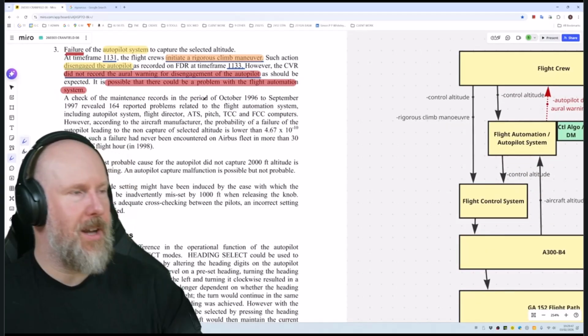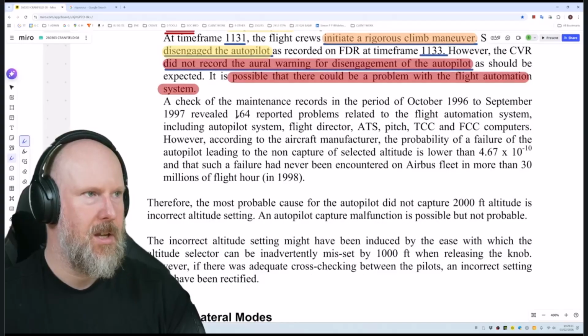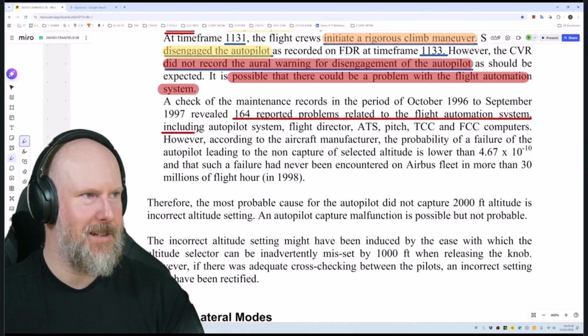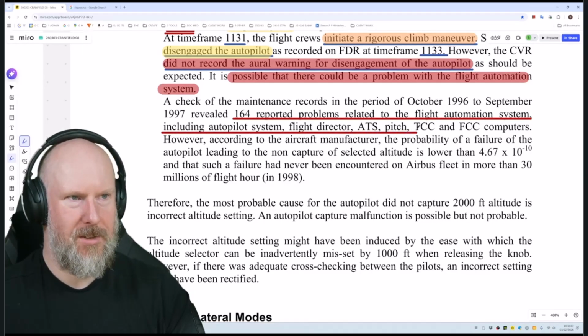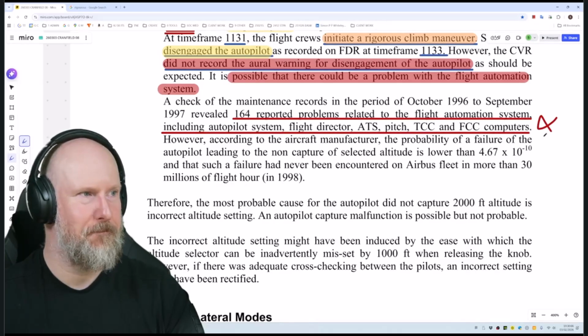A check of the maintenance records in the period October 96 to September 97 revealed 167 problem reports related to the flight automation system, including autopilot system, flight director, auto thrust, pitch, TCC and FCC computers. Okay, so that's interesting.